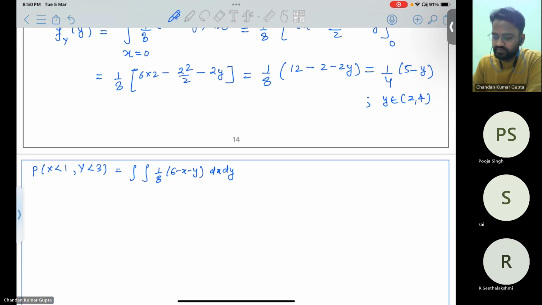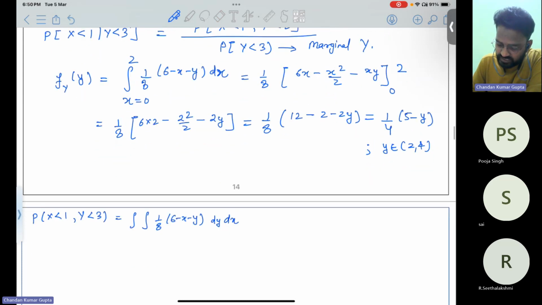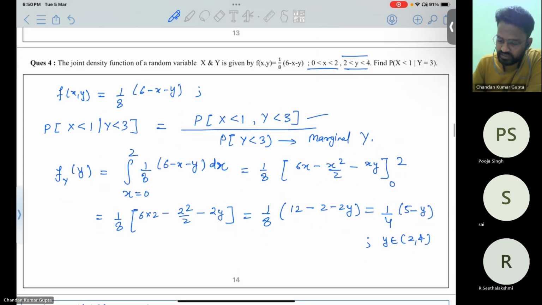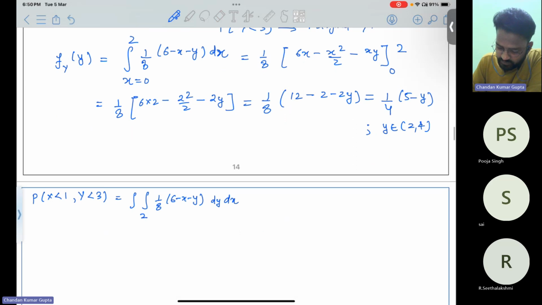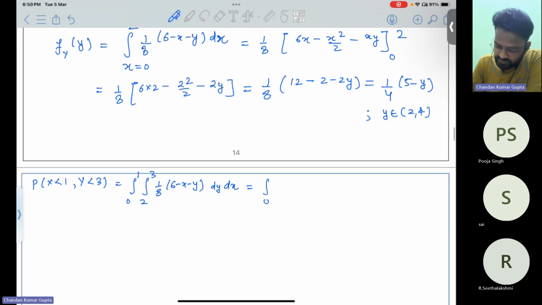Or you may write dy dx also. The range of y is less than or equal to 3, so that means it is from 2 to 3. And x is less than 1, so it is from 0 to 1.